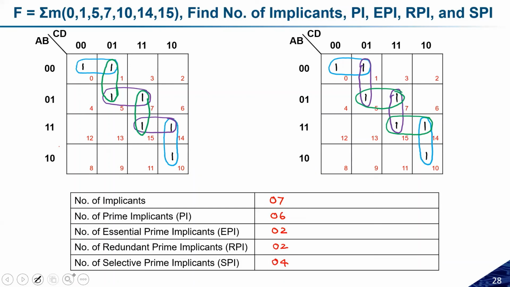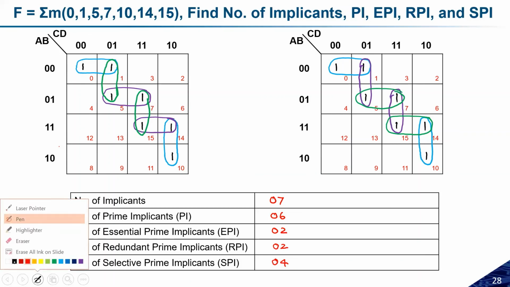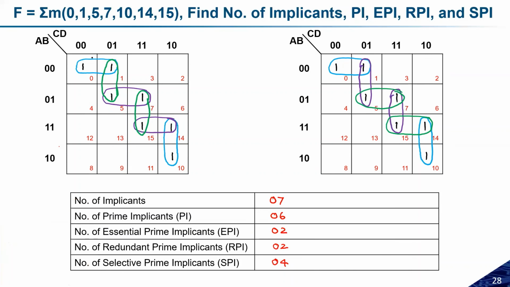Yes, sir. Okay, so these are the important things about implicants, prime implicants, and other things. Let me write the numbering so that you will be able to understand a few things more. Let us assume this is the first pair, this is the second pair, the third pair, fourth pair, fifth pair, and sixth pair.